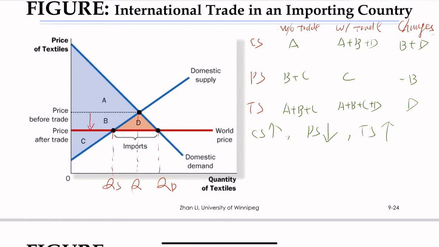The result that consumer surplus increases is very easy to understand, because we have learned in previous lecture notes, if price decreases, then consumer surplus should increase and producer surplus should decrease, right? So here, this is exactly the case. The interesting result is the total surplus will actually increase, right?